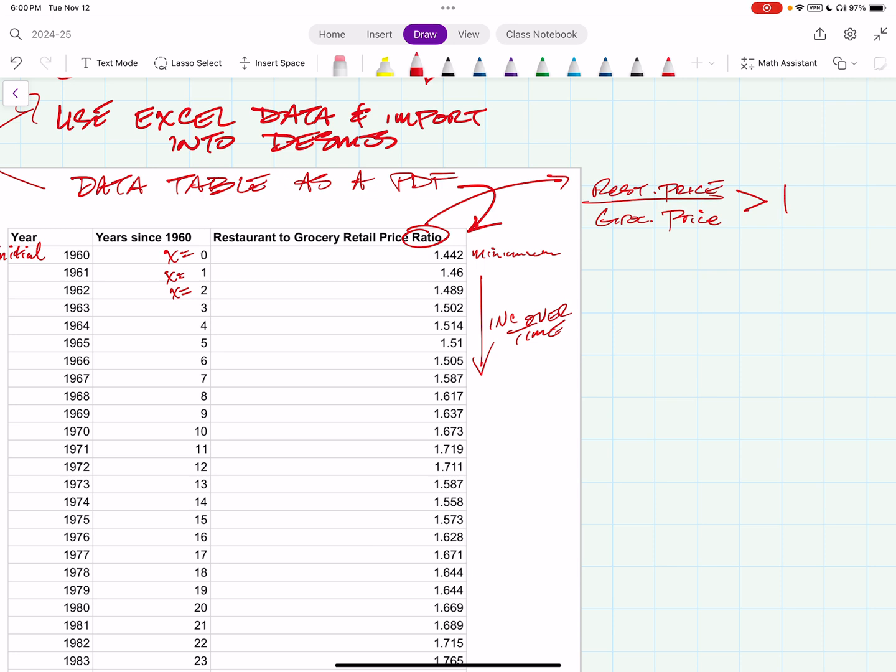Okay, so here we go. This implies that the restaurant price is greater than the grocery store price.